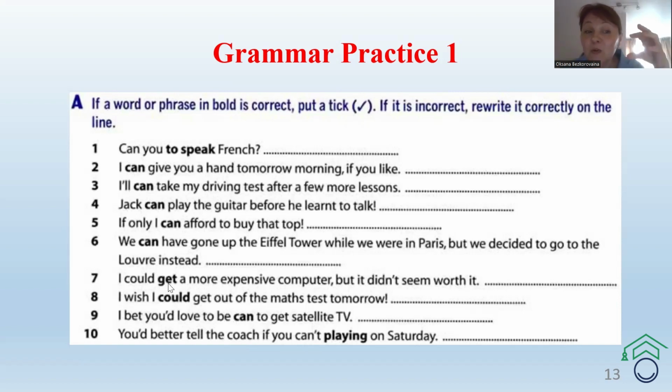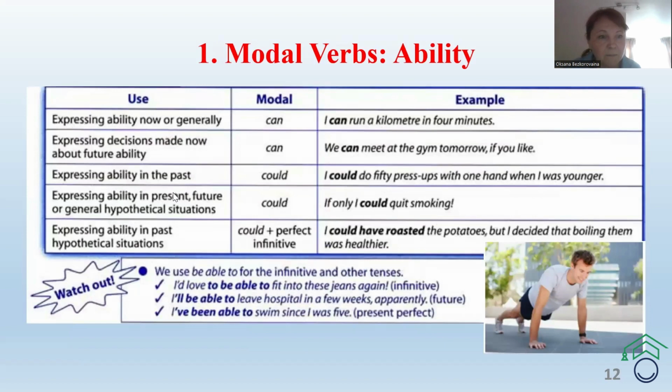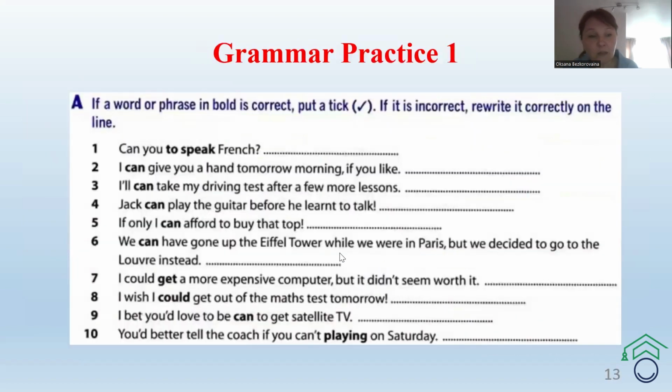But as for the past, I could have got. Let's come back to our previous slide. Expressing ability in past, hypothetical situation. Could plus perfect infinitive. I could have got a more expensive computer. Victoria, is it clear? Yes, thank you very much.